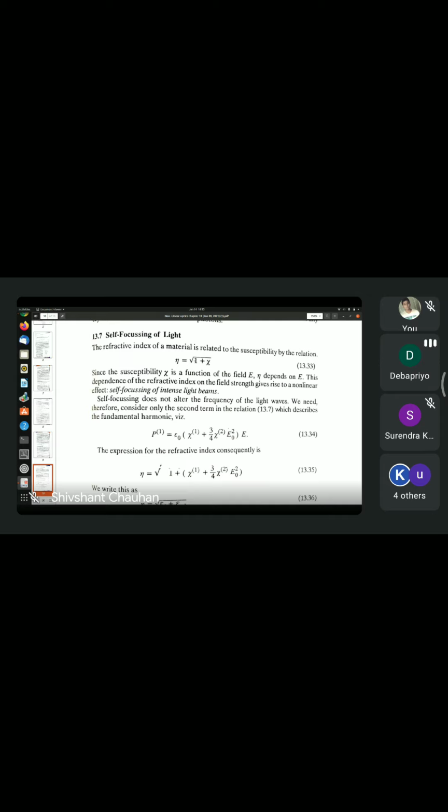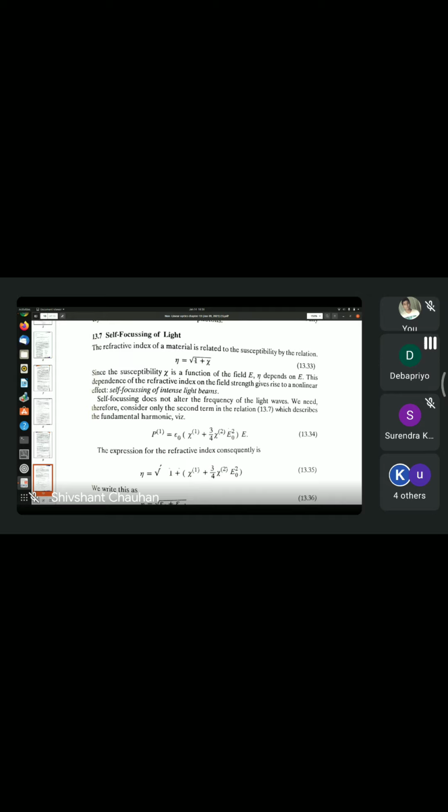They were not aware of such a possibility, because they always thought that the response of the medium, the polarization of the medium, would be proportional to the electric field. So this self-focusing phenomenon was not known to them, and they did not think it's possible.